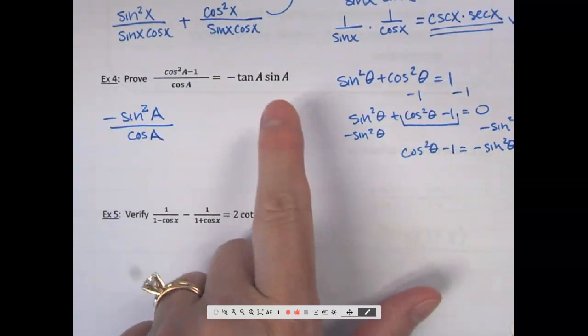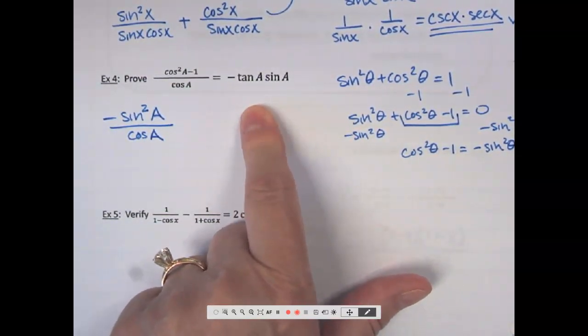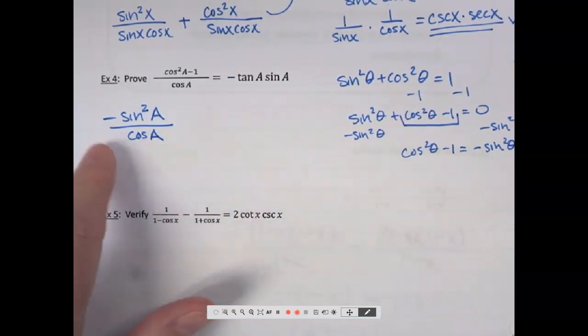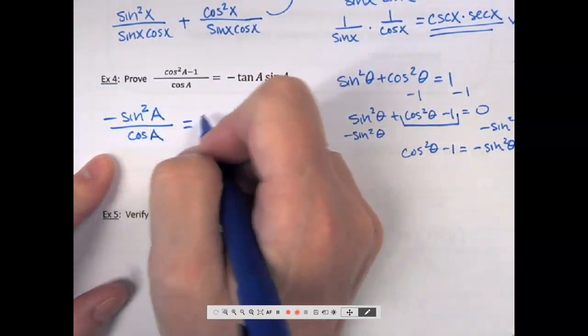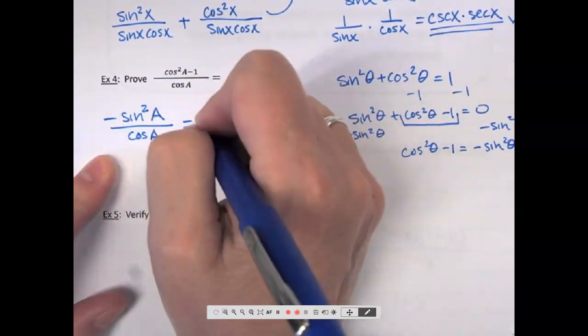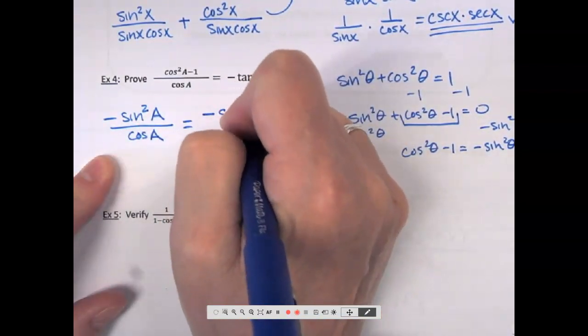Okay, look what I want it to be equal to. Negative tangent times sine. How am I going to get there? Okay, I'm going to break this down. There's the negative, so that's all good. Tangent is sine over cosine.